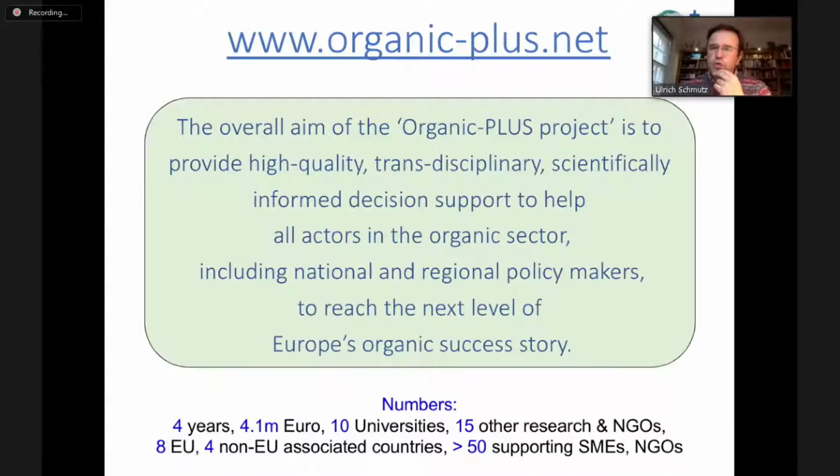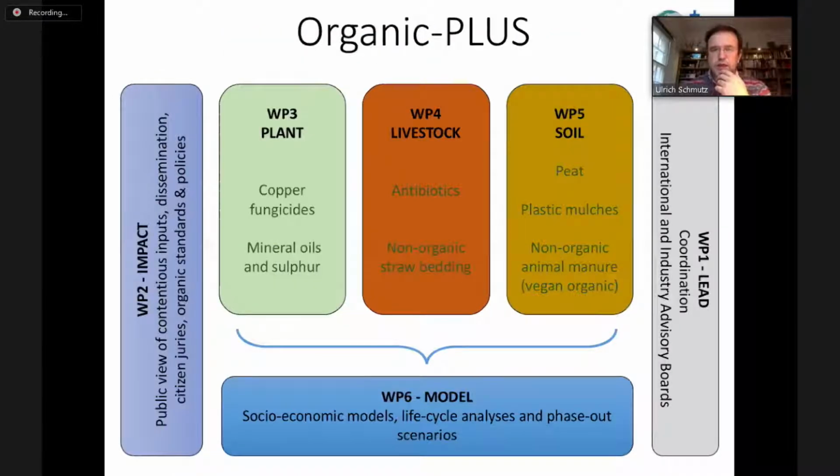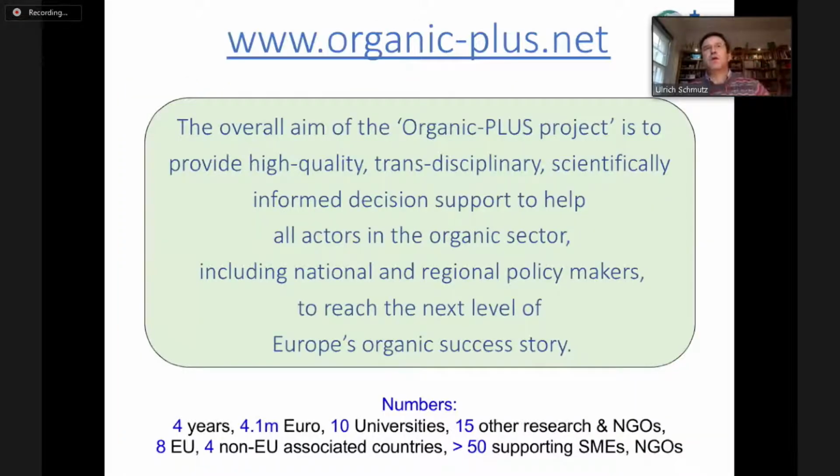organicplus.net, and the overall aim of this project is to provide transdisciplinary decision support for the actors in the organic sector to get to the next level of Europe's organic success story as it is. And just before we go to the next slide, as Gerald Rahman already said this morning, the official target, which I have in a slide later, is now 25% organic land use by 2030 in Europe.